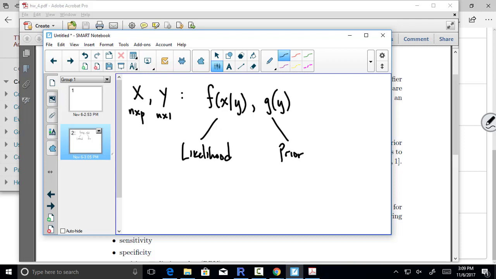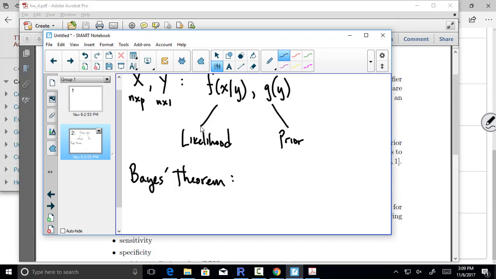If you can state these two quantities, then you can apply Bayes' theorem, which says a very relevant thing for classification. Bayes' theorem allows us to combine a likelihood and a prior into what's called a posterior.